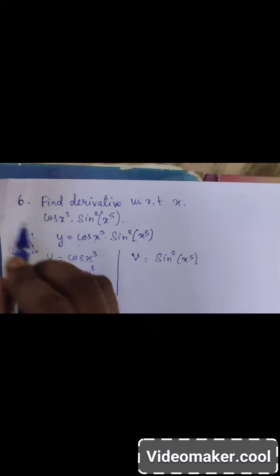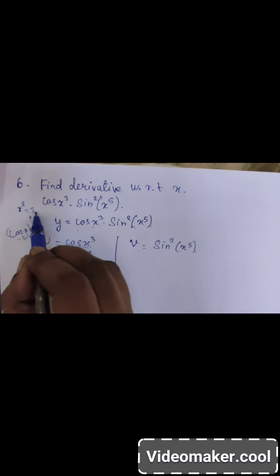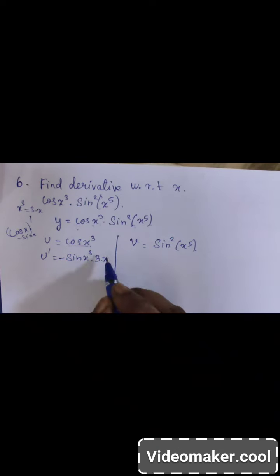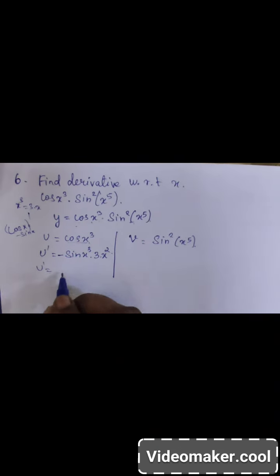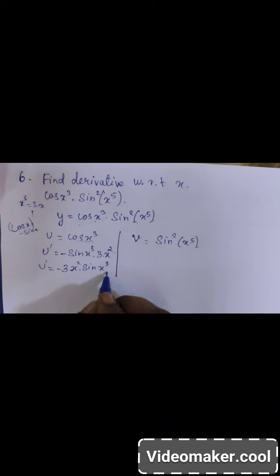Again we have to differentiate x cube. The derivative of x cube is 3 into x to the power 3 minus 1, which is 3 x square. So the derivative of the first function is minus 3 x square into sine x cube.